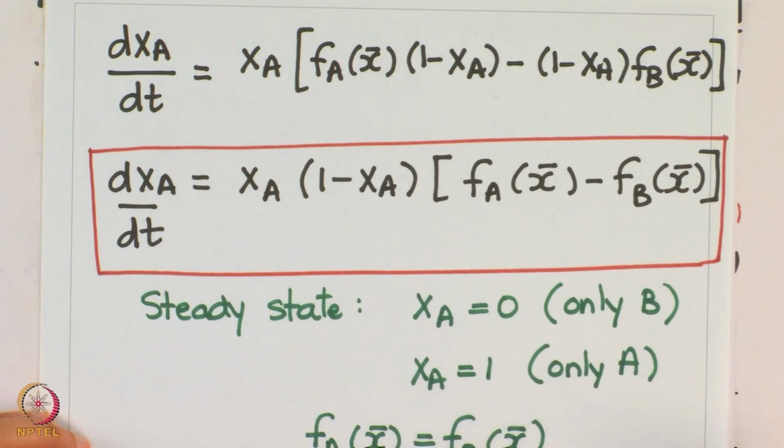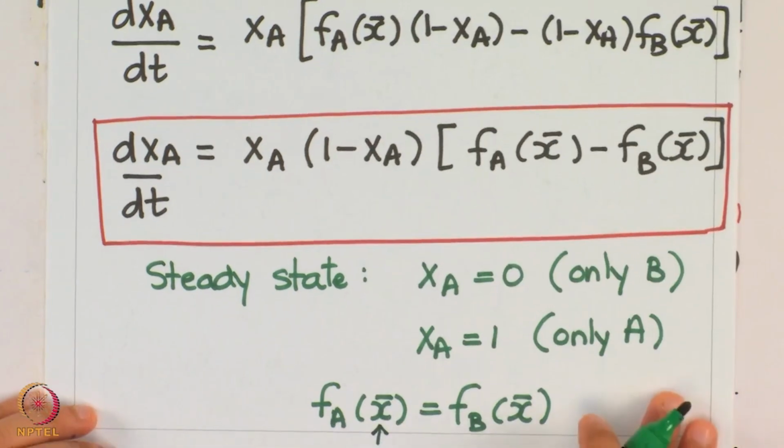So, these are steady states, but in addition we also have another steady state which is given by that composition x such that f A of x is equal to f B of x, which means those compositions where fitness of A is exactly matched by fitness of genotype B. And we may need to solve for these depending on the exact expressions of these fitnesses.